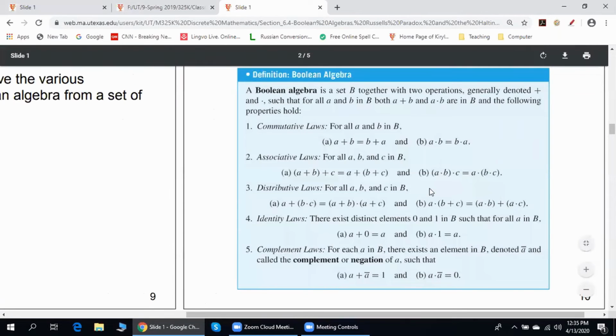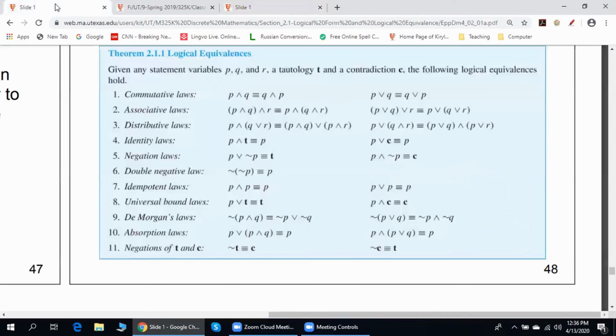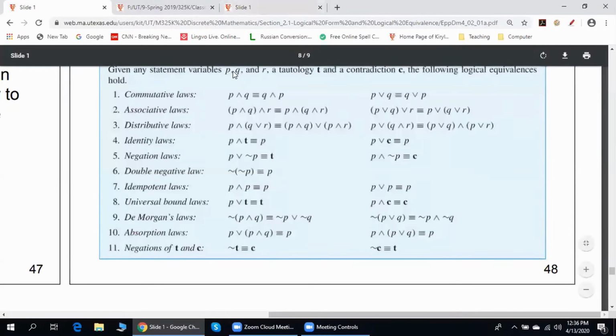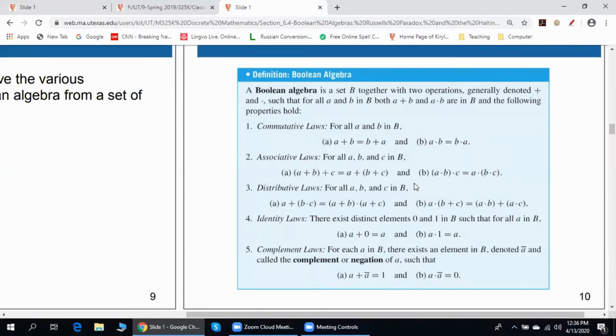So little a and little b are both examples of sets. Is that what you're saying? Yes. Applying these rules to sets, A, B, C are sets. If we want to apply these rules to logic, A, B, C will be statement variables. Does this make sense?